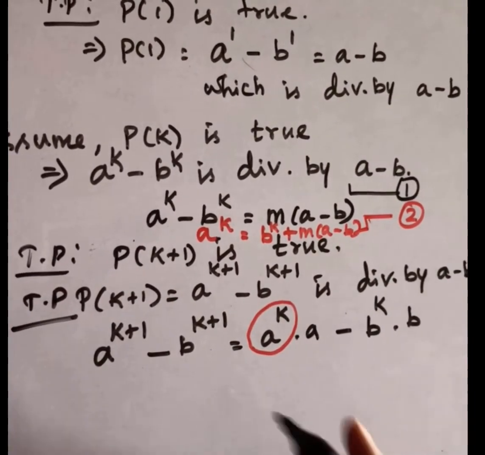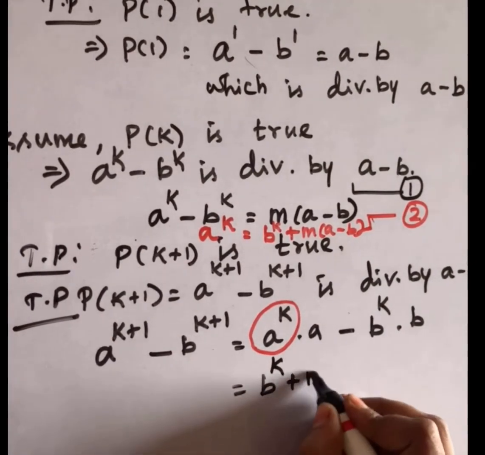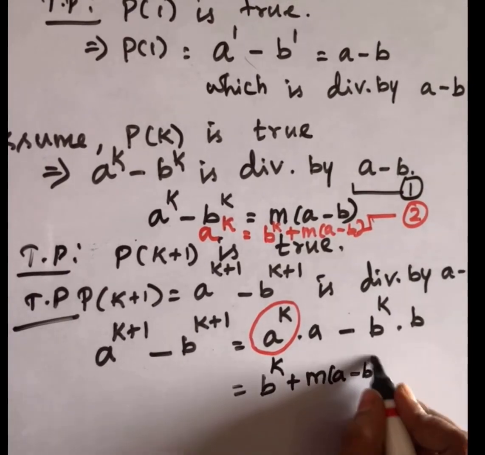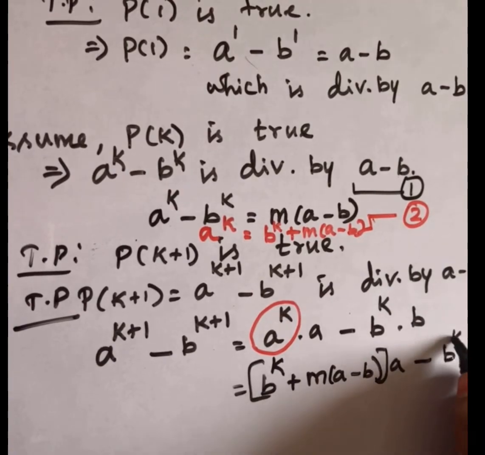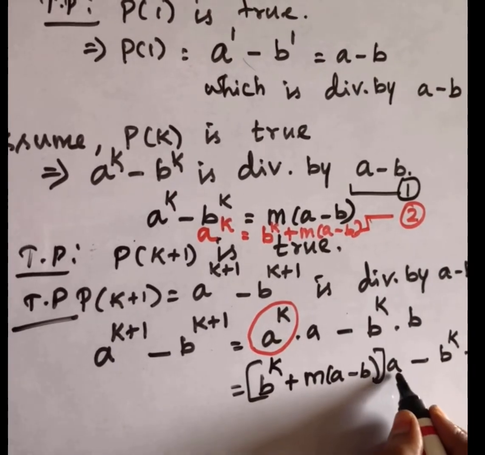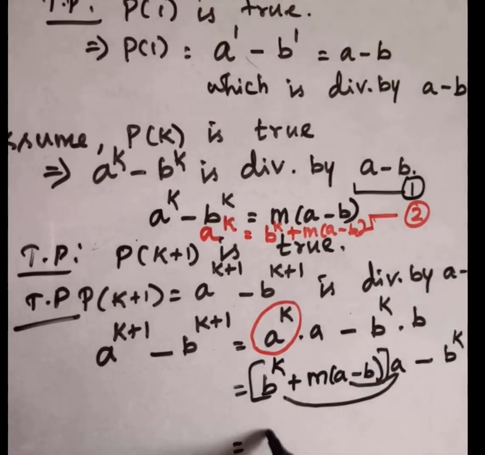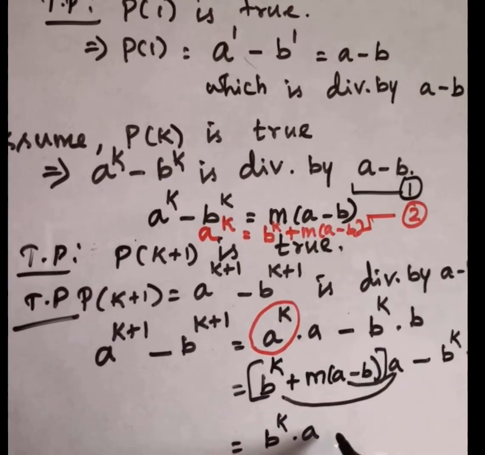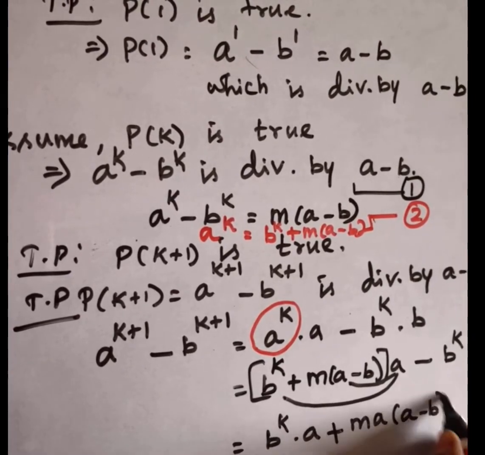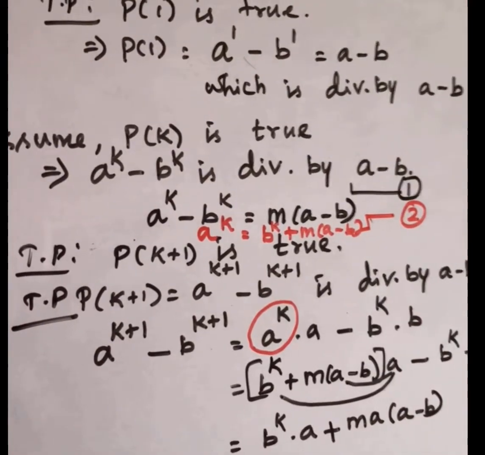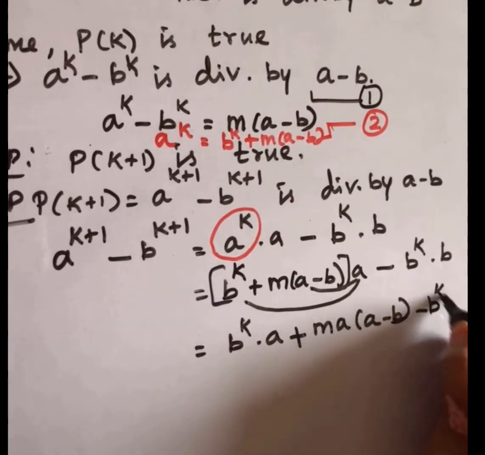So that is equal to b power k plus m into a minus b, into a, minus b power k into b. Shall we multiply this inside with this and this? So b power k into a plus m a into a minus b. Okay, now we multiplied the terms minus b power k into b.